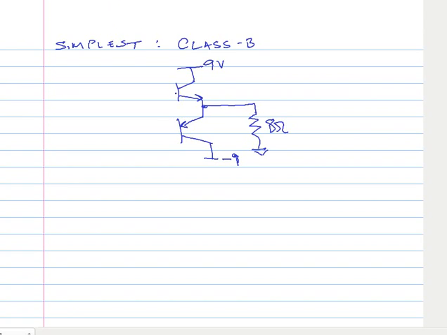Now, we don't need to know how an emitter follower actually works. All that we need to know is that the gain of this amplifier from input to output is approximately unity. In other words, whatever goes in at the input comes out of the output.